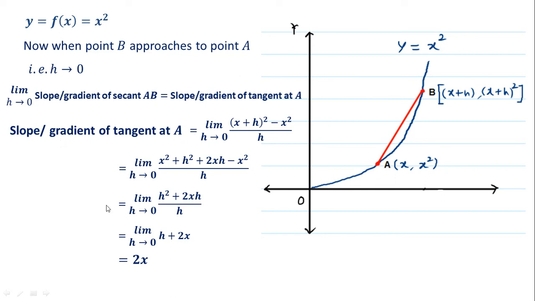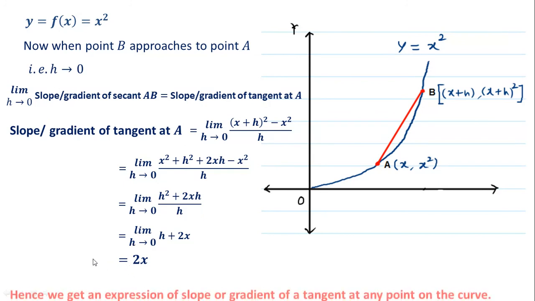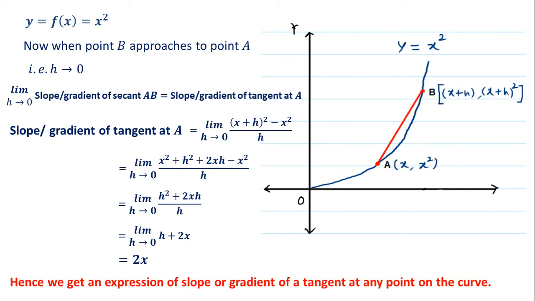Then we get the expression for slope or gradient of tangent at A, that is equal to 2x, and hence we get an expression of slope or gradient of a tangent at any point on the curve. So for y is equal to f of x is equal to x square, the slope or gradient of tangent is equal to 2x.